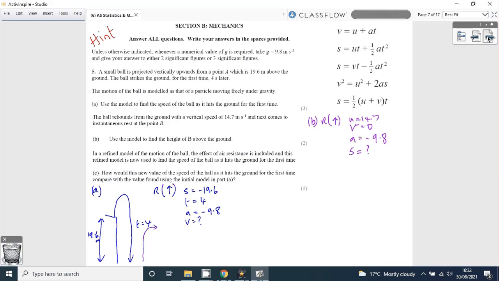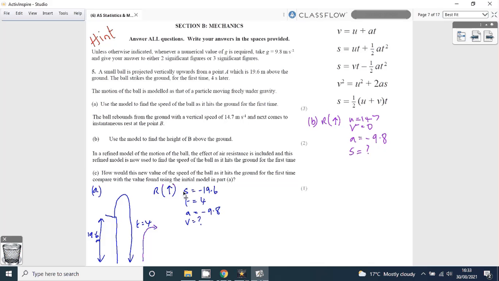So the hint for this question: I've just done a little sketch down here in the corner. We start off 19.6 meters up. We then project the ball upwards and it takes 4 seconds for it to hit the ground. So what do we know? Well, I think it's always wise to resolve in the direction of the initial motion, which is upwards.